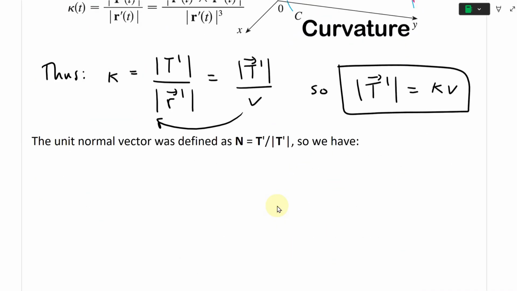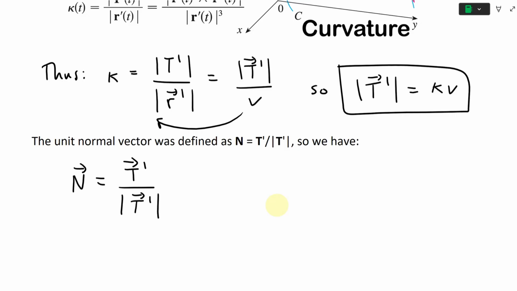So we have the capital N vector. I'll just write it out fully. It equals the derivative of the unit tangent vector divided by the magnitude of the unit tangent vector derivative. And so that's what we have.